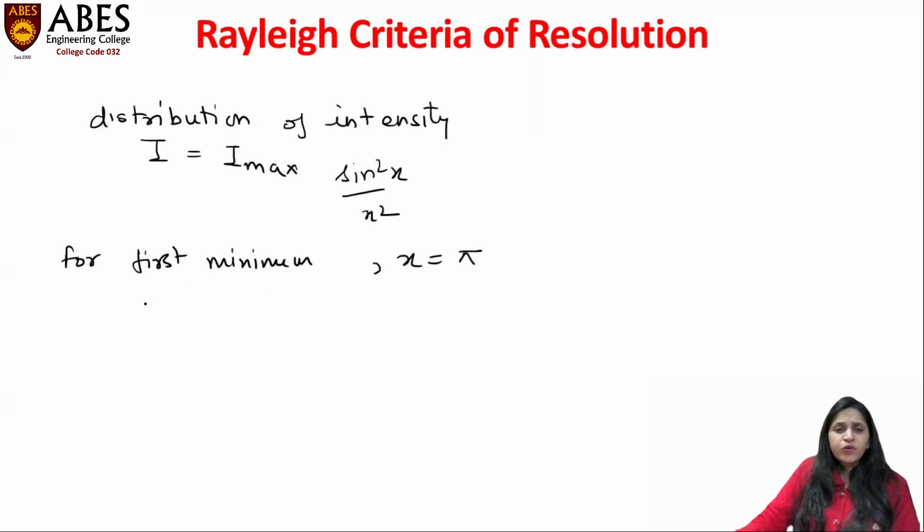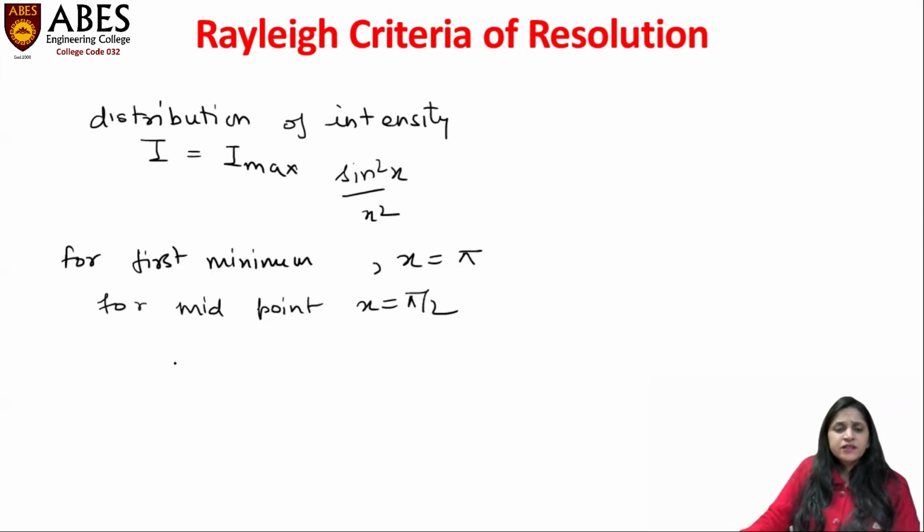And for the midpoint of two maxima, the intensity is obtained by substituting the value of x as pi/2. So for the midpoint, x is pi/2.